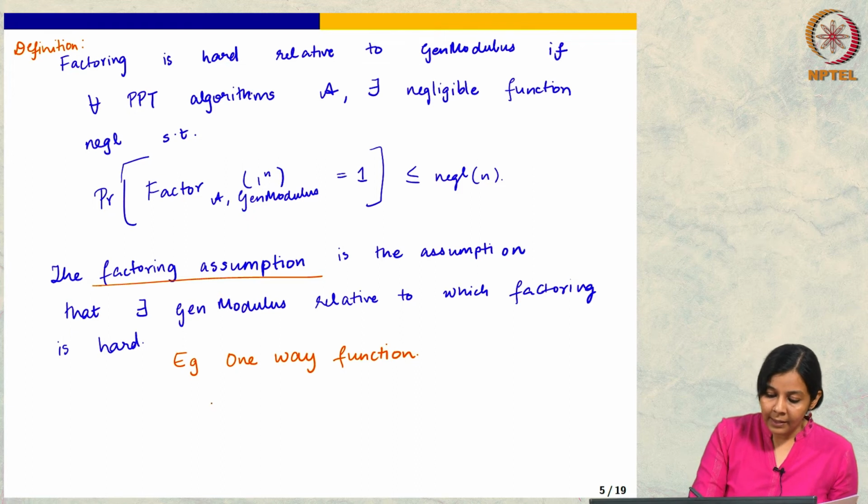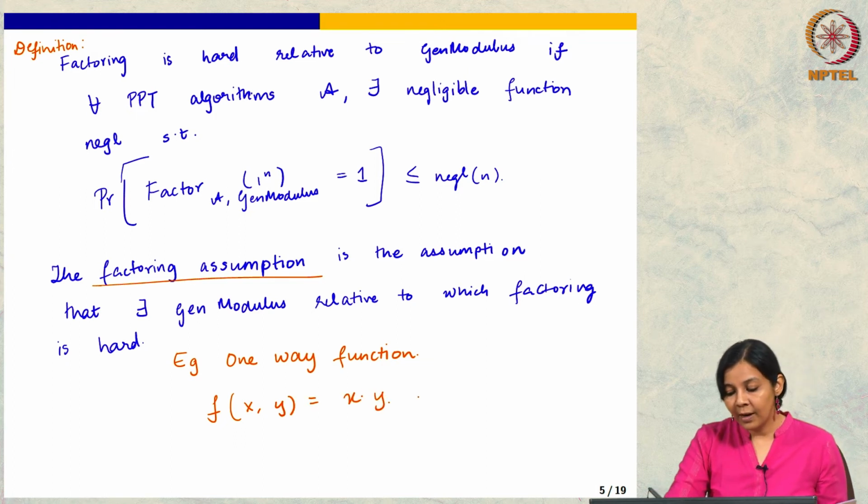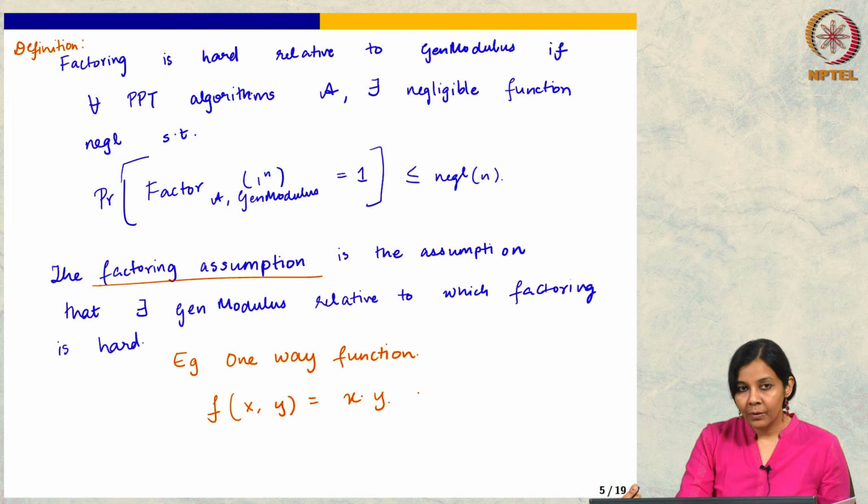Basically f of x y, right, if I just compute x times y over the integers. This is a one way function because it is easy to compute and hard to invert.